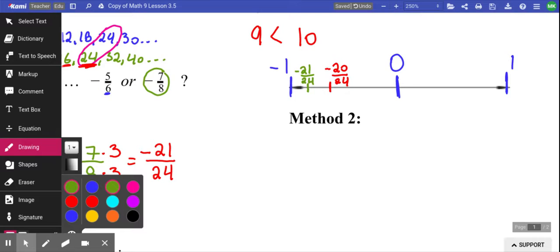Right? Negatives are going to the left. So because 21 is bigger, I actually went further left because it was negative on the number line. So the bigger number in this case would be negative 20 over 24. You could write that however you want. I'm going to write it like this. Negative 20 over 24 is greater than negative 21 over 24.